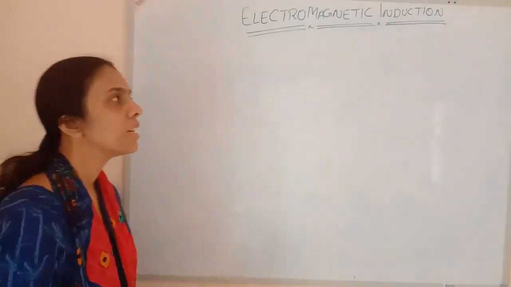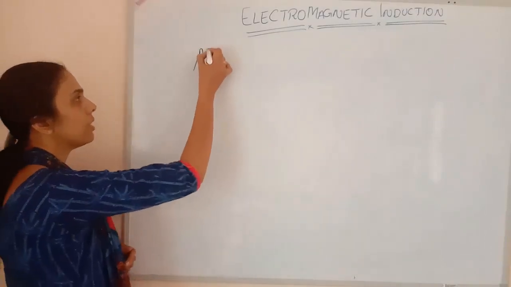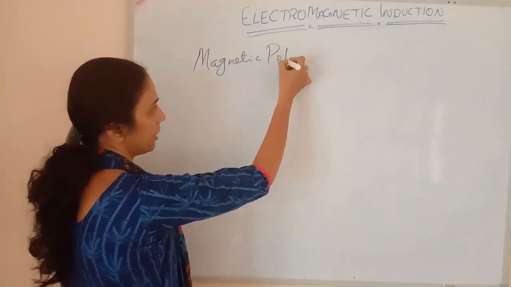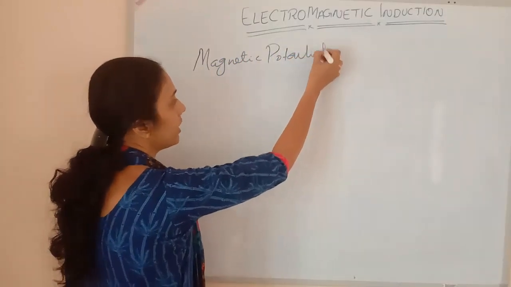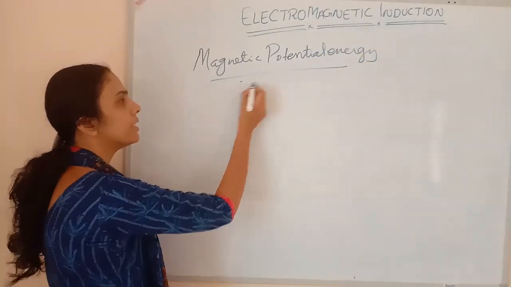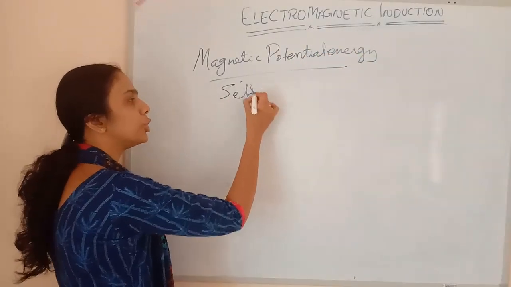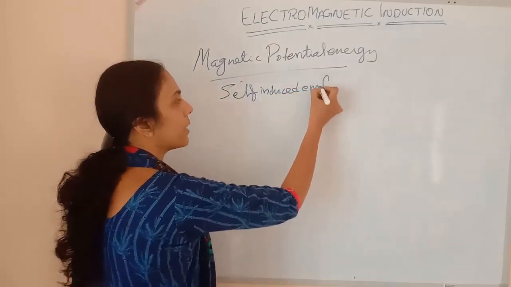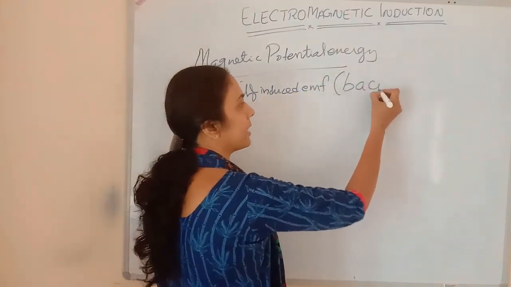Okay. So next we are going to find out the electromagnetic potential energy. How can we find out the electromagnetic potential energy? The self-induced EMF we will call otherwise as back EMF.